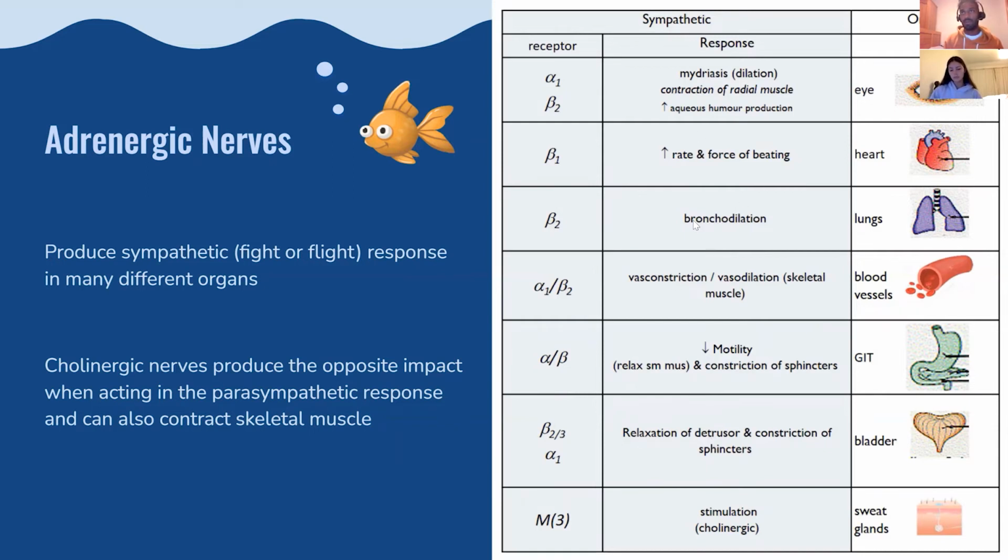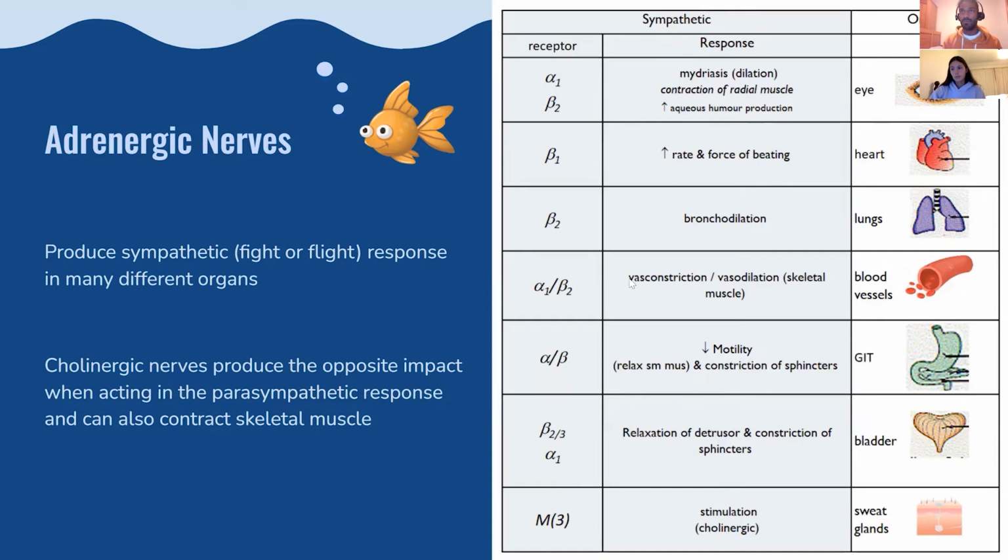So for example, your sympathetic response, your fight or flight, will involve increasing your heart rate. If you saw a serial killer at your door, your heart rate would go up, and your lungs would dilate to get some more air in, and your pupils would dilate so you could see what's going on.